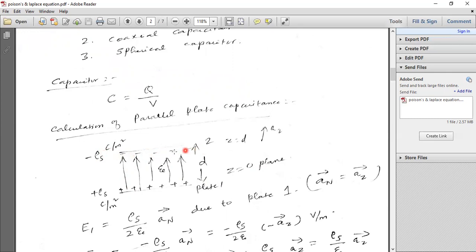One plate has positive charges and the other has negative charges, and the electric field is oriented from positive to negative charge. The density is rho s coulombs per meter square.